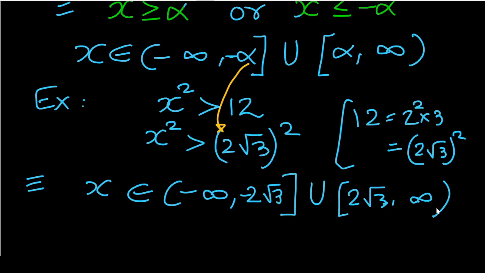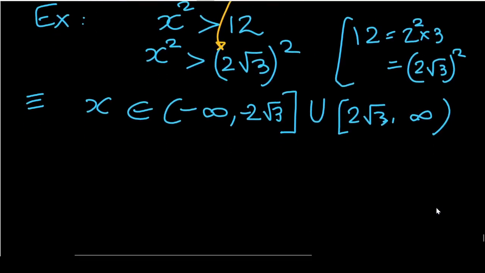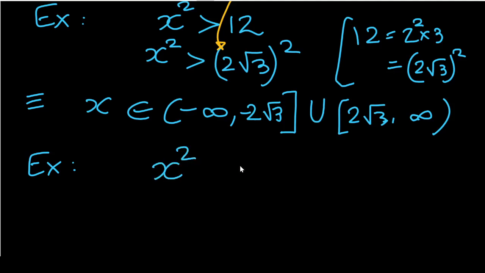Now what about when, instead of 12, it is, let's say, 0? So alpha is 0 in this case. You can say that this is an identity, guys.